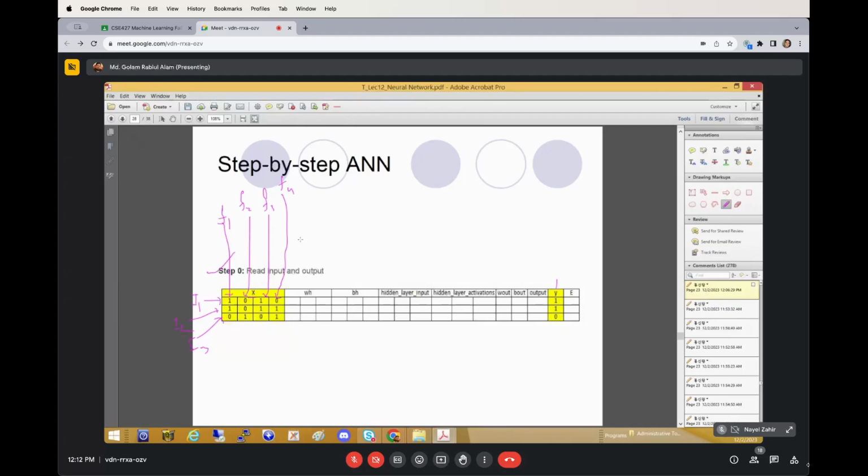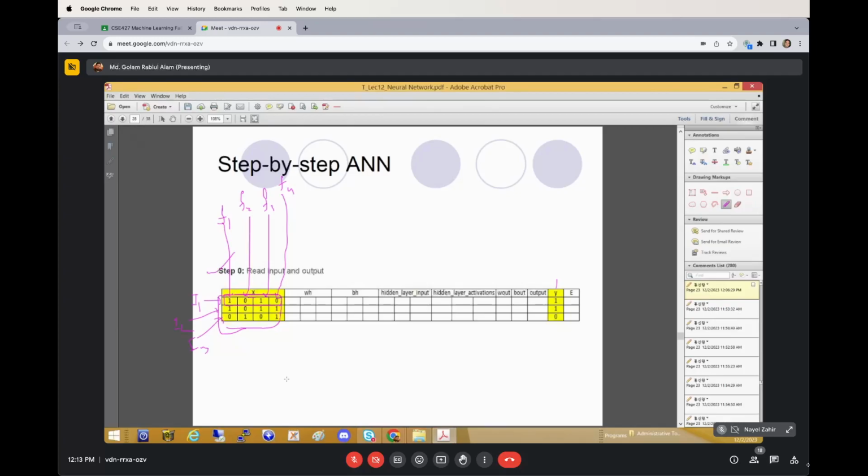Now, instead of considering a single instance at a time like in our previous example, this time we want to apply batch processing. That means we want to consider these inputs as a batch.